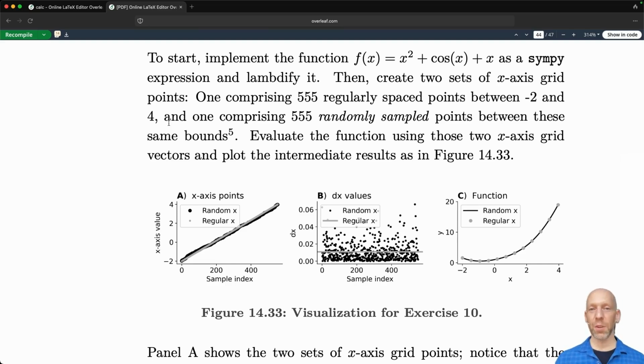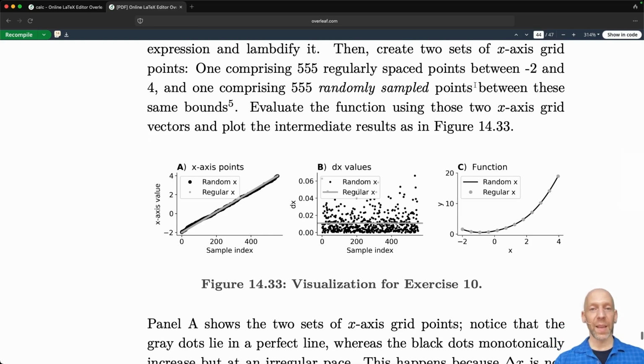So random numbers generated between -2 and +4. Now, in these 2 sets of x-axis grid points, they have the same number of points. They have the same lower and upper bounds. The difference is that in one set, the delta x is constant, and in the other set, the delta x is random. It varies as a function of x.